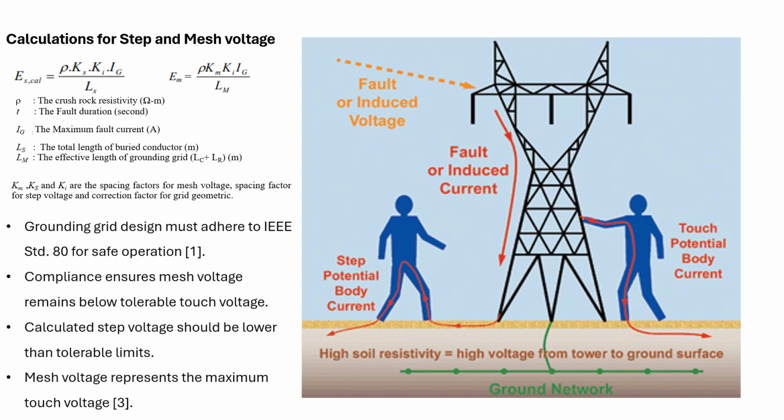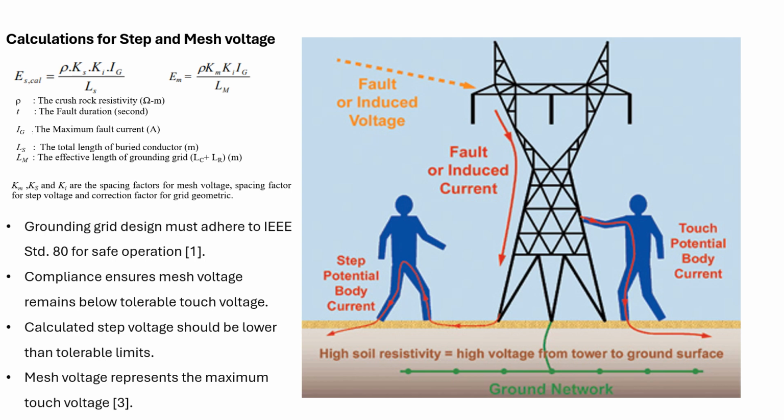As we are making this project, it aligns with the standard reference of IEEE 80. It has been designed in such a way that IEEE 80 states that the grounding grid should be used for safe operations. As we all know, it is a very useful thing in substation grounding, and it has a compliance which ensures the mesh voltage remains below the tolerable touch voltage, and the calculated step voltage should be lower than the tolerable limits.